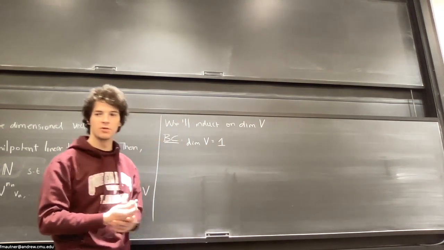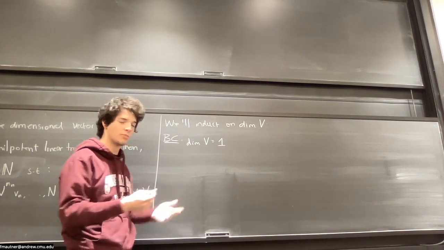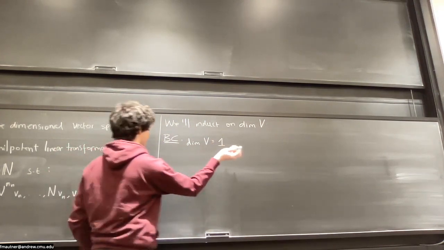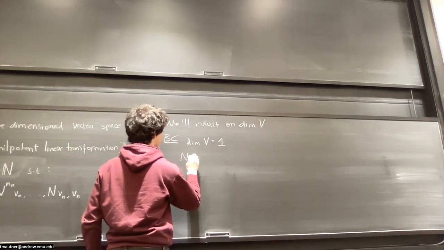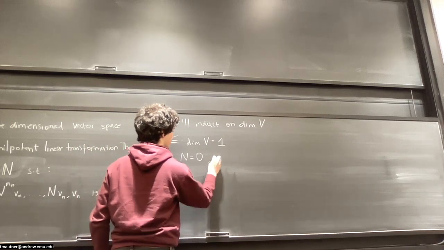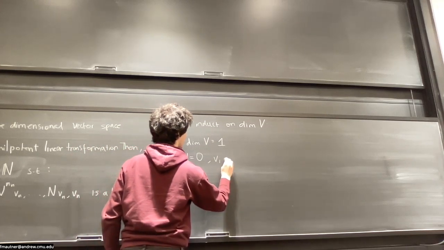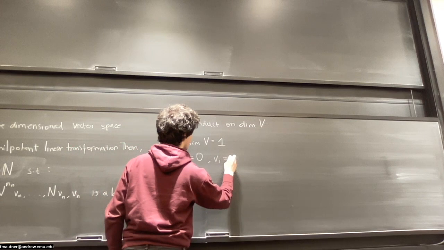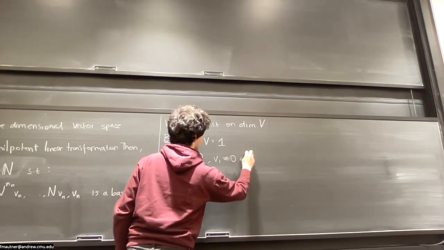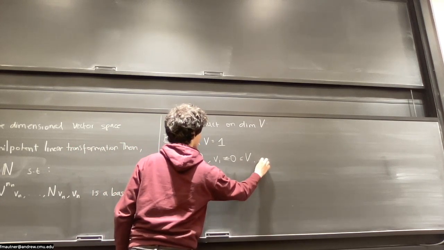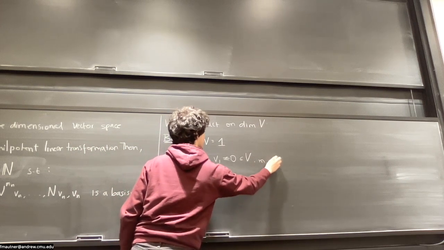That means that the only nilpotent linear transformation you have is the 0 map. So then N is equal to 0. And as such, we can pick any non-zero V1 in V, and we can pick M sub 1 to be 0.